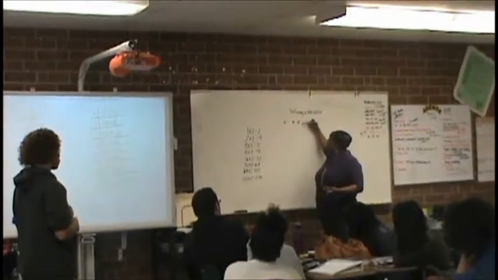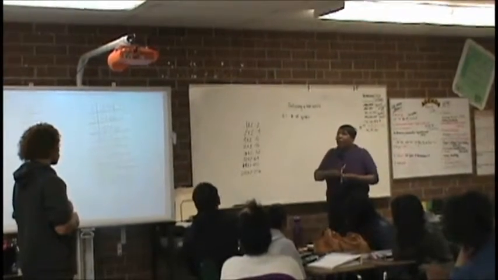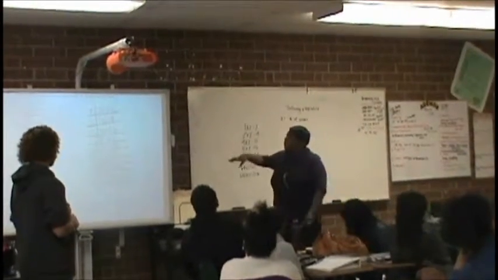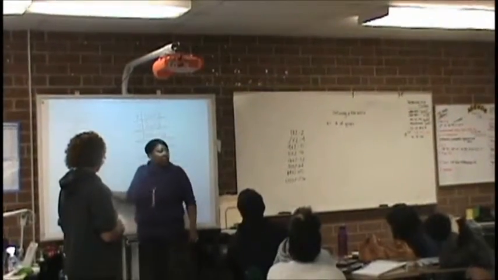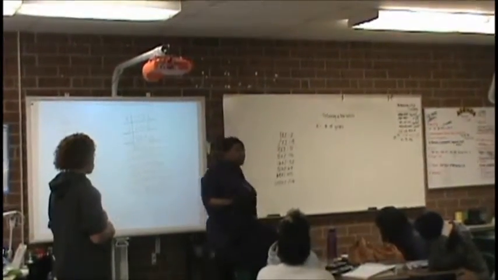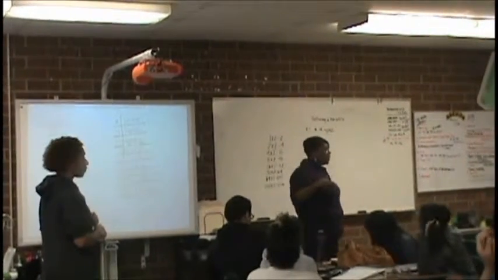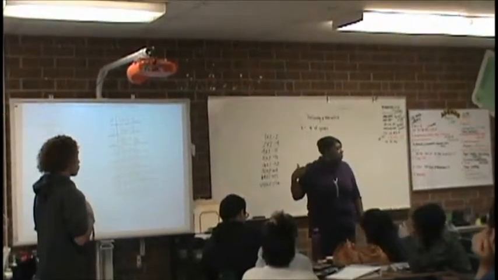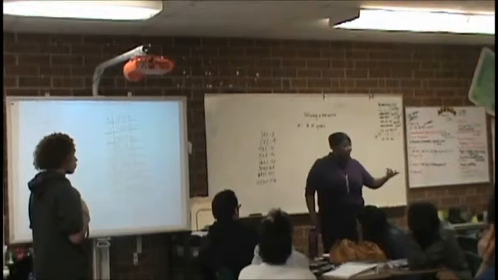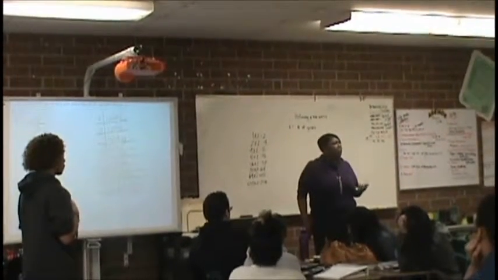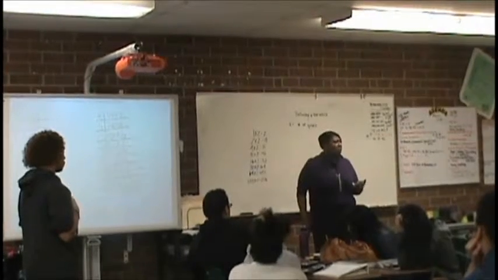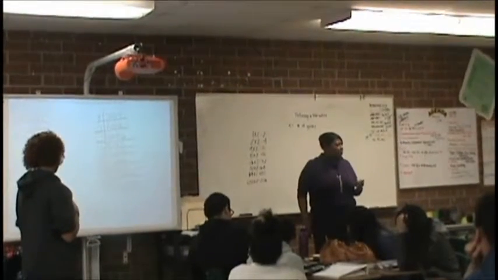So let's look back at his table again. On his table, if this column would be X, then this one is probably going to be Y, possibly. Because as X changes, it's going to affect how Y changes. X is going up, so what is Y doing? Going up. Do you understand that?